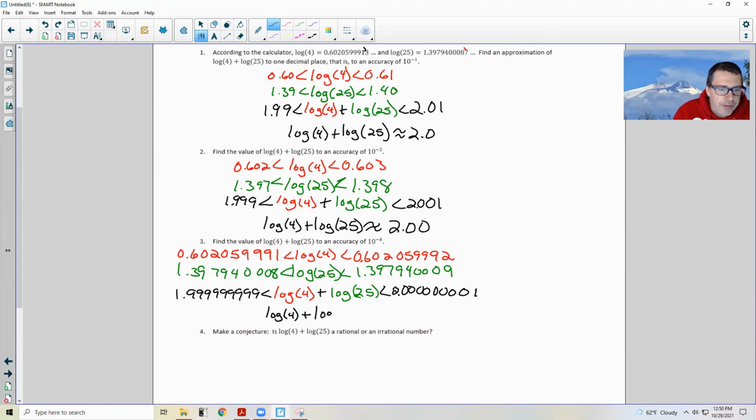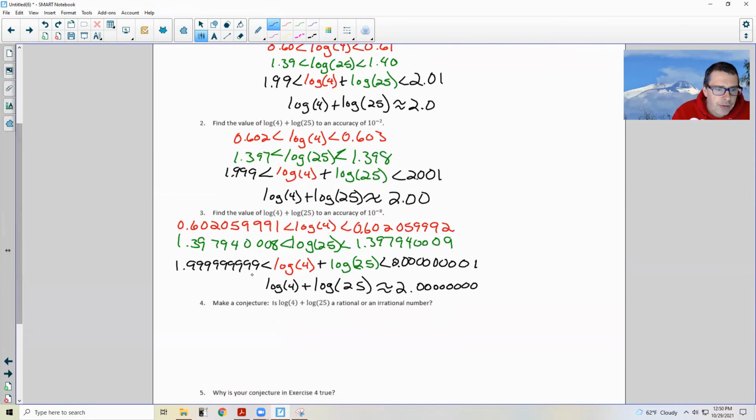And so therefore we can now say the log of 4 plus the log of 25 is approximately 2. All right. So 4 now says, make a conjecture.